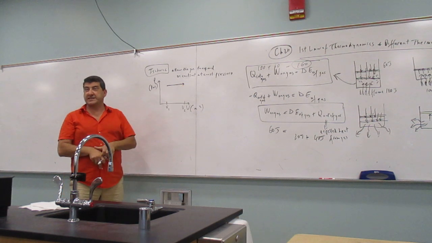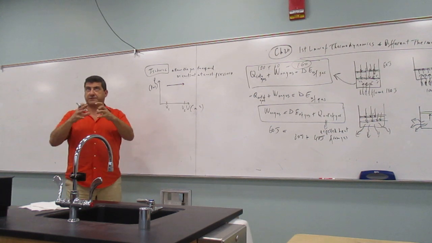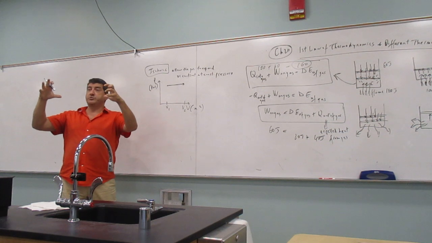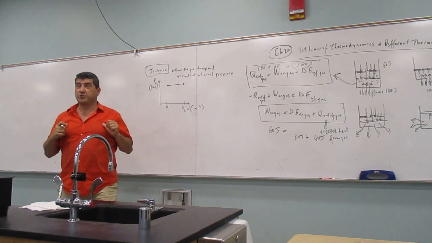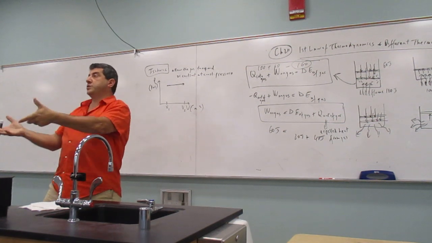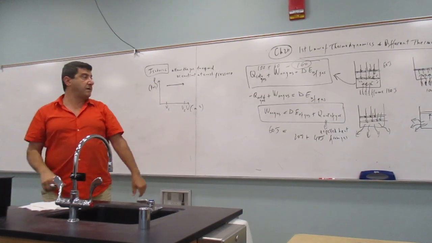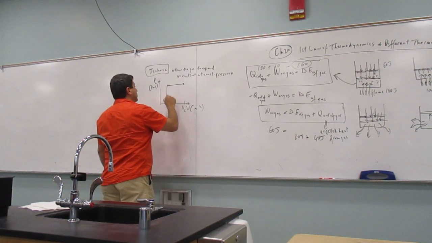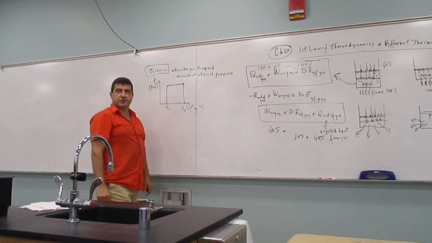So what's the work done by the gas in that scenario? If the gas is expanding, the volume is increasing, the gas is the one doing the work, right? If you're contracting it isobarically, you're the one doing work on the gas, you see? So the work done by the gas is the area under the graph, you see?